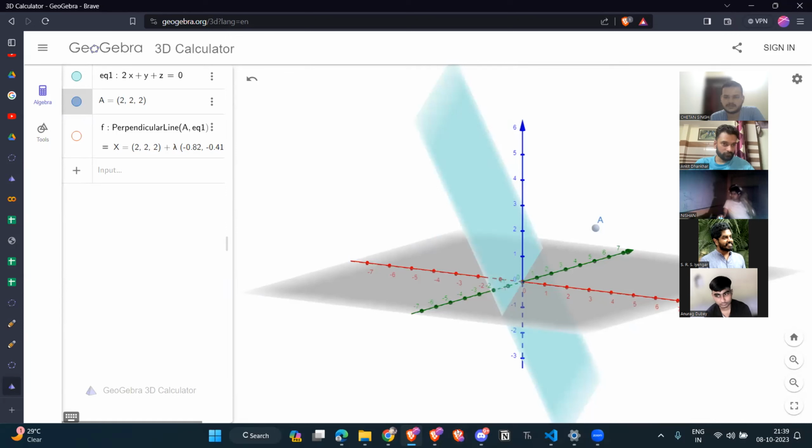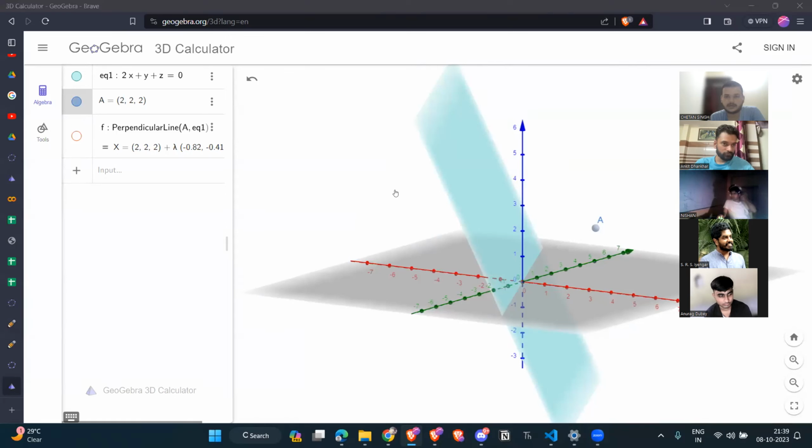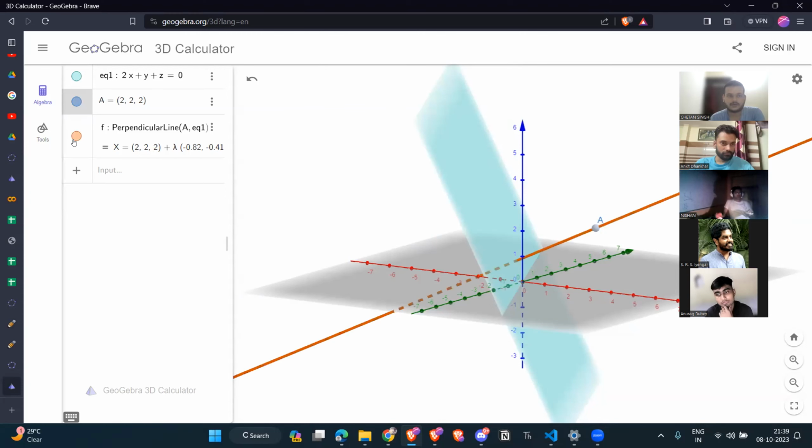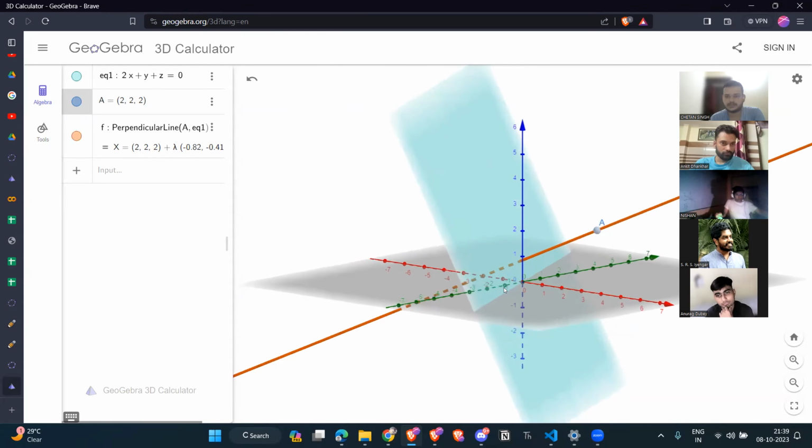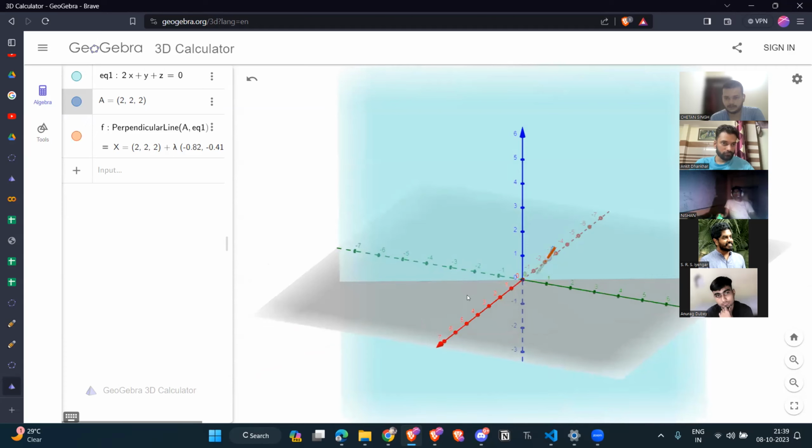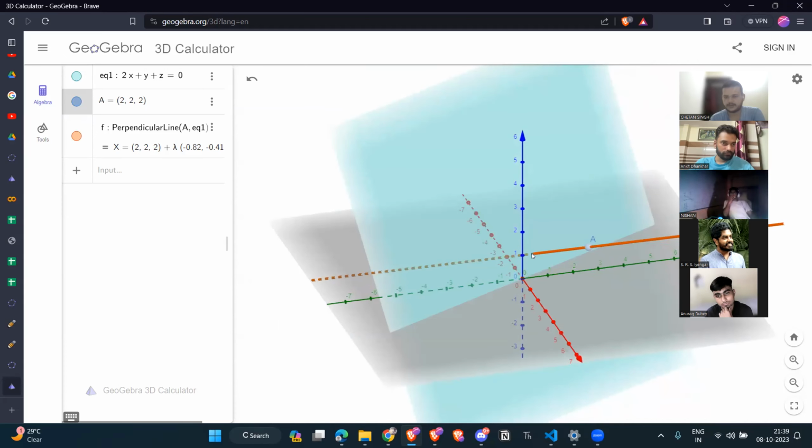Somebody correctly mentioned in the chat box that you can draw the perpendicular distance from the point to the plane, and that would be the closest distance. If we draw a perpendicular line, you can see it intersects the plane at a point, and that point is your answer.